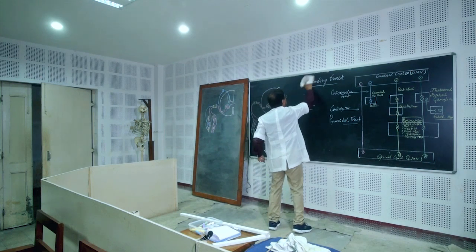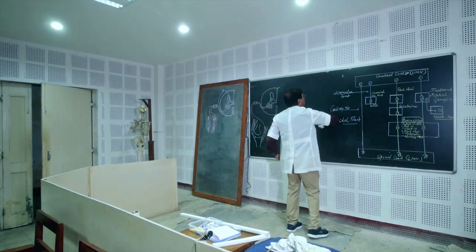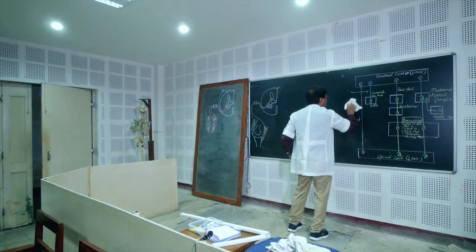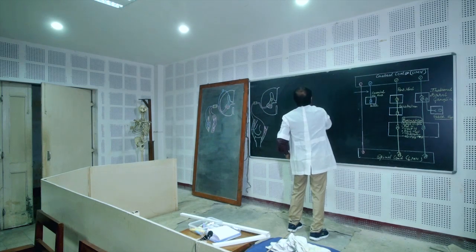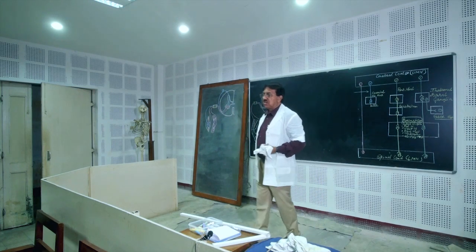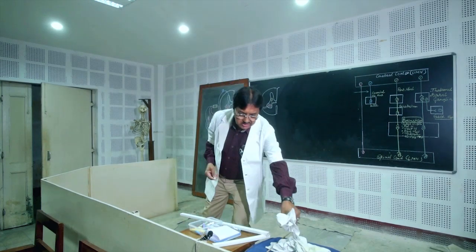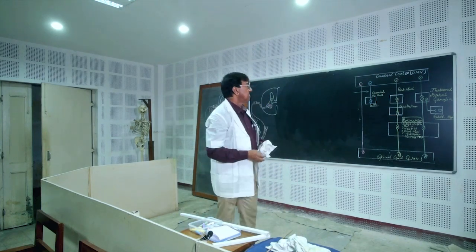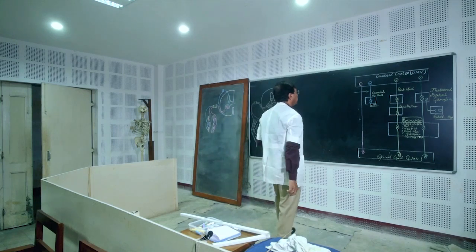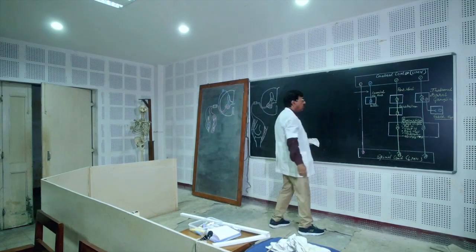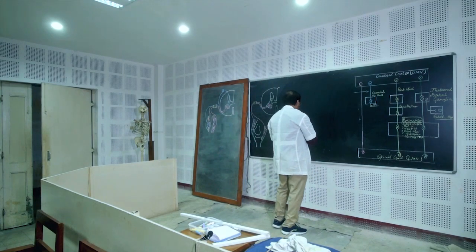After this, if we see the individual tracts, first comes the pyramidal tract or direct corticospinal tract. This direct corticospinal tract projects into the lower motor neuron.